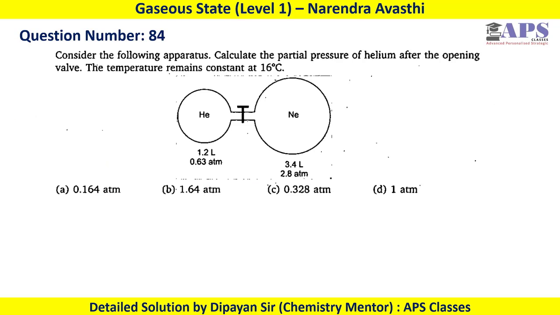In question number 84, we have initially two bulbs and they are not connected, but after opening the valve they are connected. So total volume after opening will become 1.2 plus 3.4 liter. Okay, the thing is that the total number of mole will be conserved in all cases.